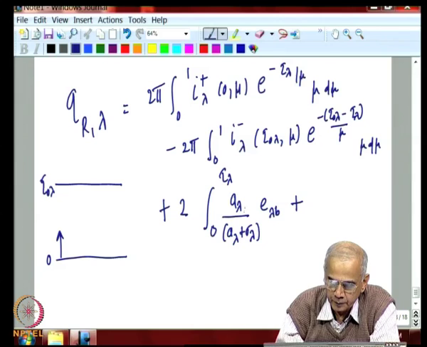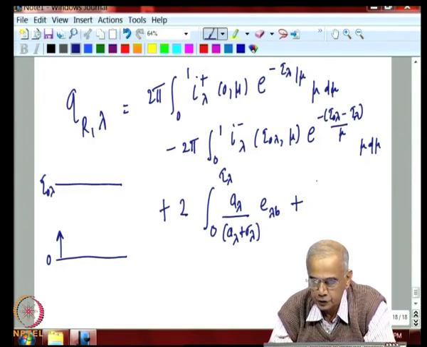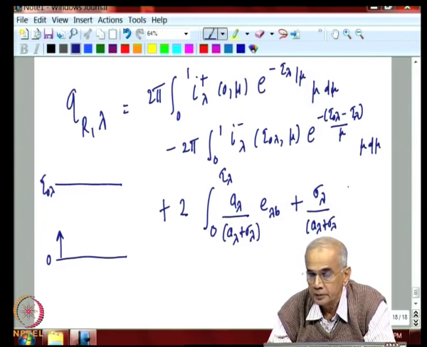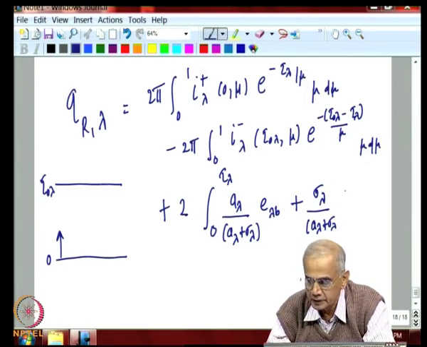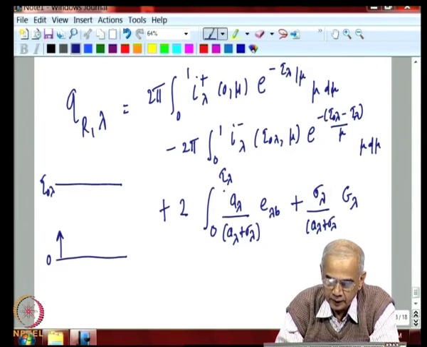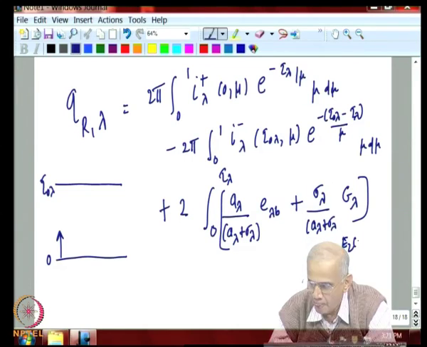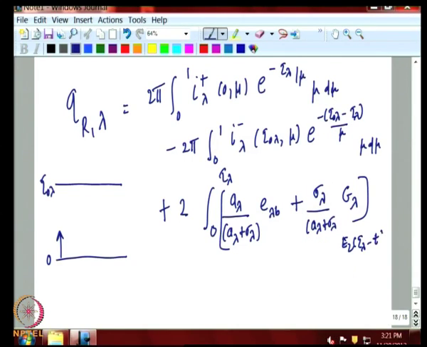So, the ratio of absorption to scattering plus the ratio of scattering to absorption plus scattering times the G of lambda, which is the expression which involves the scattering term, and the entire thing is of course multiplied by E2 of, and finally, the last term, 2 tau lambda to tau 0 lambda, and this will be similar.